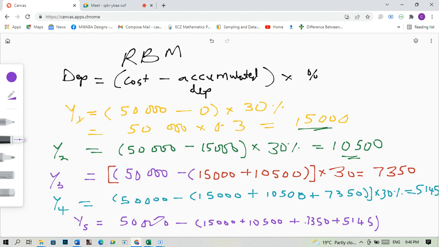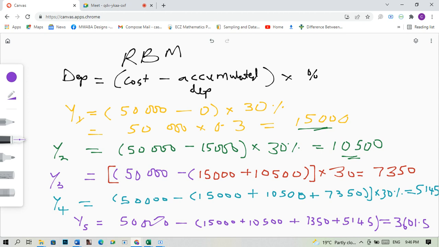We're going to get 12,005. That 12,005, we're going to multiply it by 30%. We're going to get 3,601.5. So we have calculated the depreciations for each year.